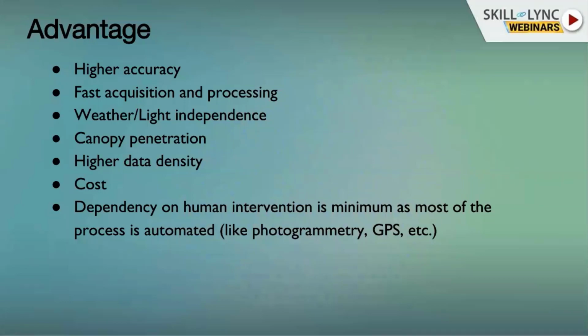Cost wise, sometimes it is more, sometimes less, so it is an advantage and also a disadvantage. It depends on the usage and your application. And very little human intervention is required. So these are all the advantages.